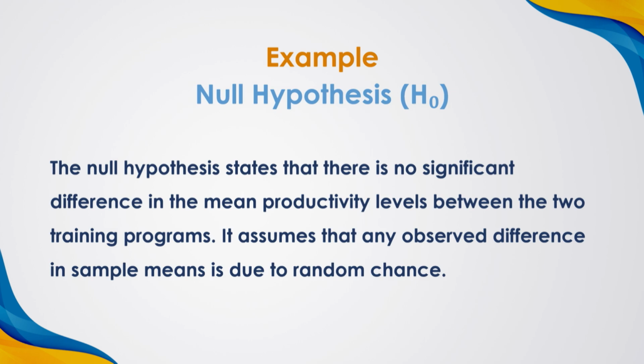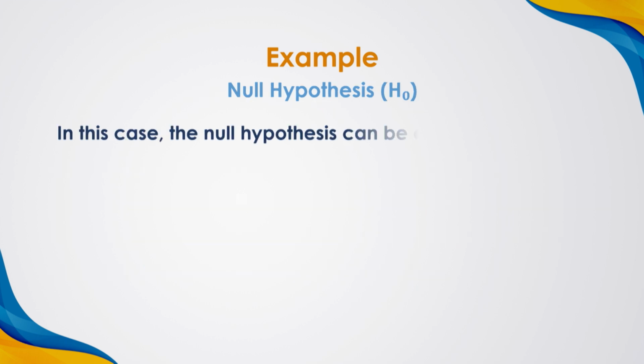We can define null hypothesis H0 for this example. The null hypothesis states that there is no significant difference in the mean productivity levels between the two training programs. It assumes that any observed difference in sample means is due to random chance.